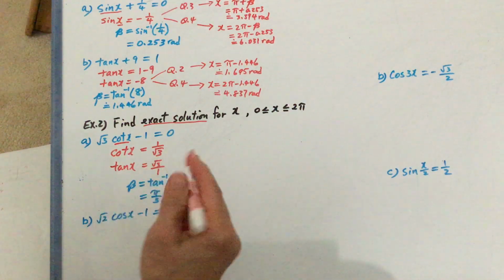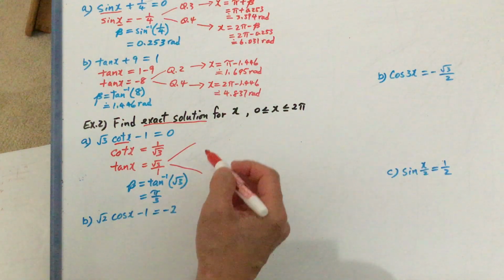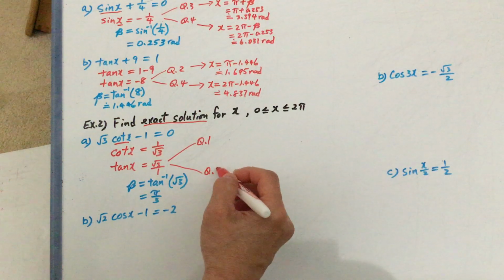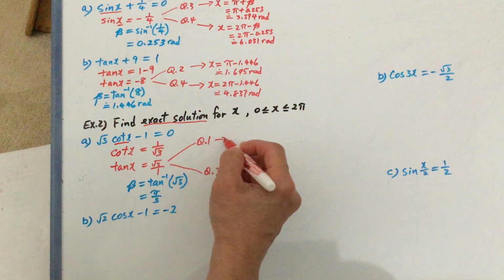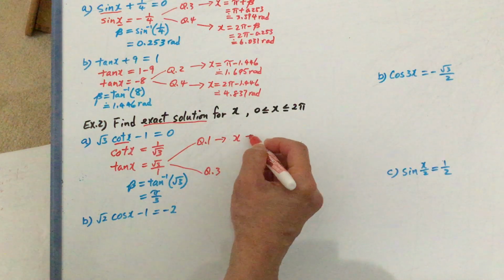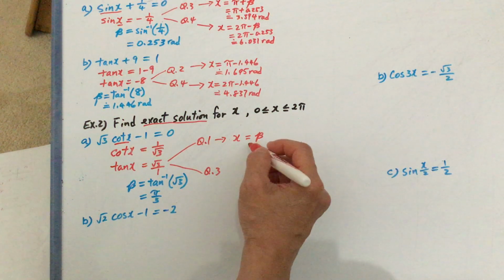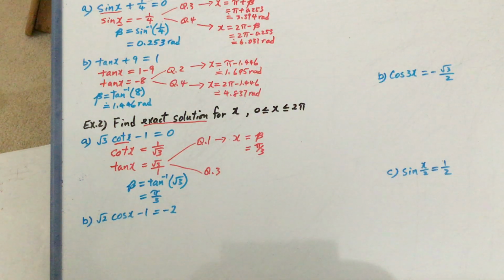And because the ratio is positive, we know that tangent is positive in quadrant 1 and also in quadrant 3. Now in quadrant 1, the principal angle x is always equal to the related acute angle. So that means x is equal to pi over 3 in quadrant 1. Okay?